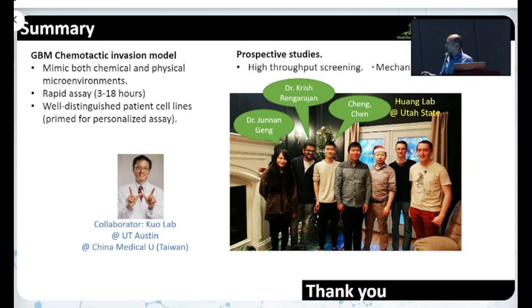Chen Chen and Gen are working on the cell culture and the molecular biology side of the project, while Krish is working on the microfluidic device design and fabrication process. I would also like to thank my collaborator, Dr. John Cole, who recently moved from UT Austin to China Medical University, and his lab has been very supportive of our project by providing a lot of patient-derived cell lines and samples.